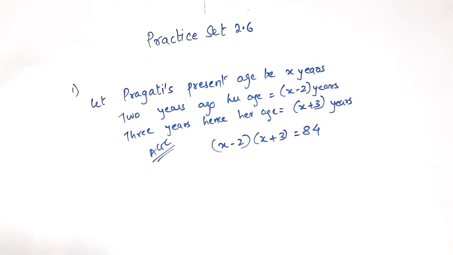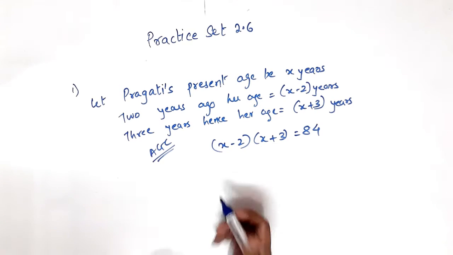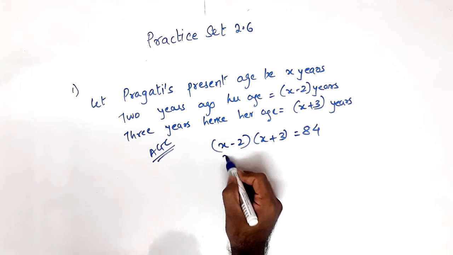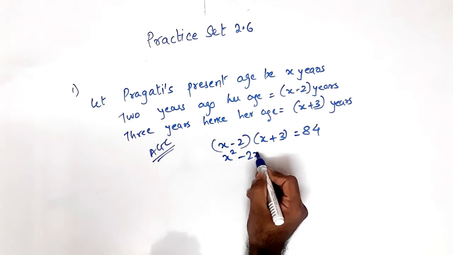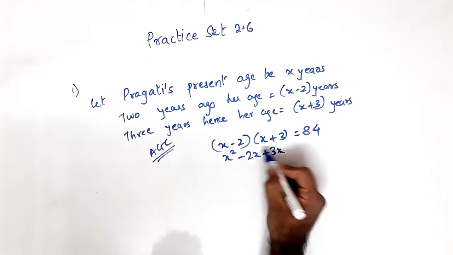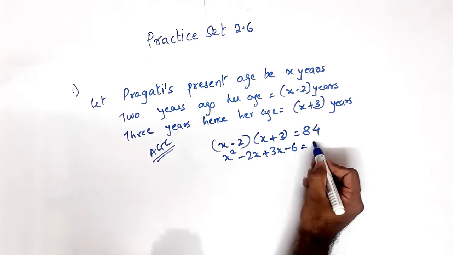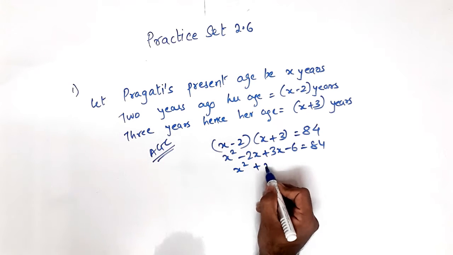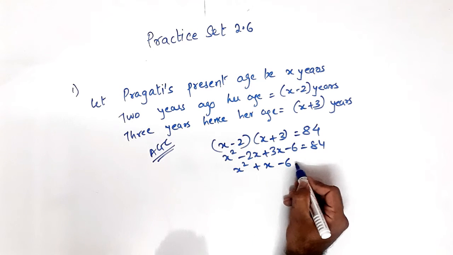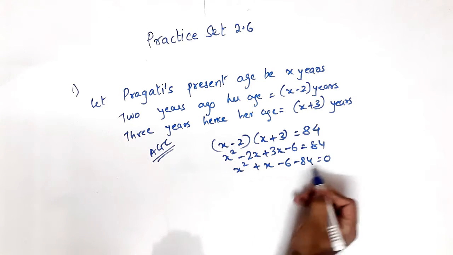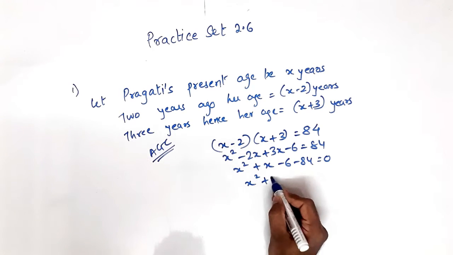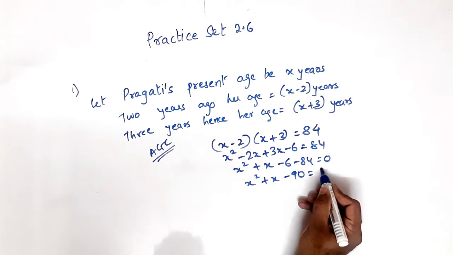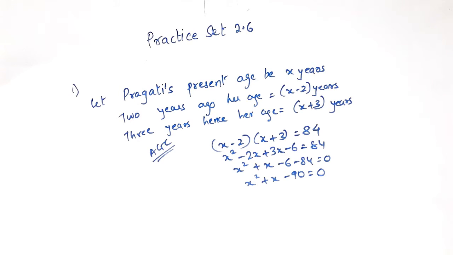Okay, we have to find her present age. So very simple, I'll multiply these two brackets: x square minus 2x plus 3x minus 6 equals 84. x square, this becomes plus x, minus 6 minus 84 equals 0. x square plus x, this becomes minus 90 equals 0.